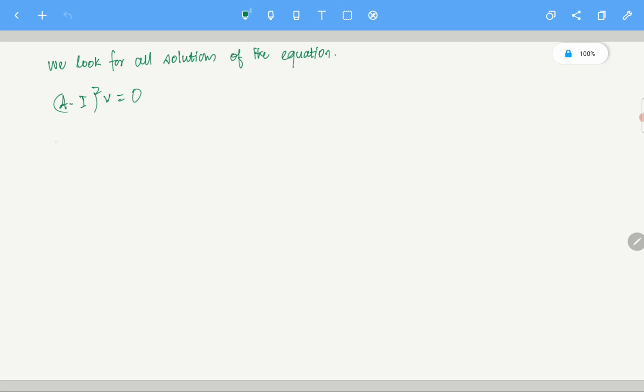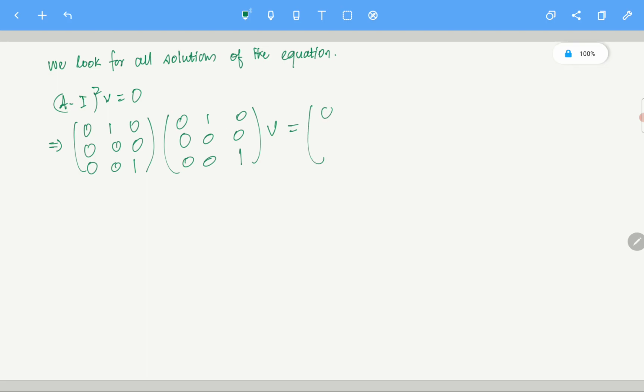Now let's check what happens. If this is the case, then A minus lambda I is [0 1 0; 0 0 0; 0 0 1], and we square it: [0 1 0; 0 0 0; 0 0 1] times [0 1 0; 0 0 0; 0 0 1], times v. If you calculate it, multiplying these two, it is going to be [0 0 0; 0 0 0; 0 0 1] times v, which gives 0, 0 and 0, right?